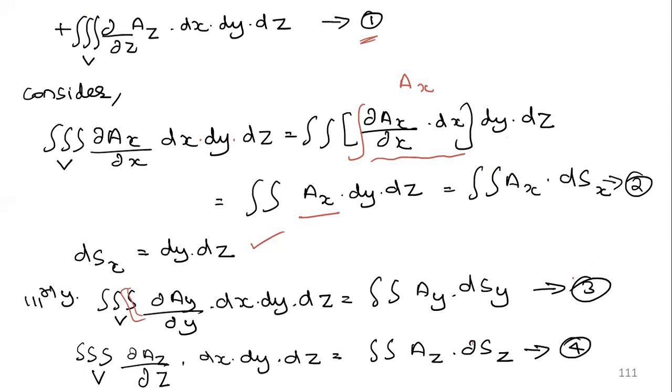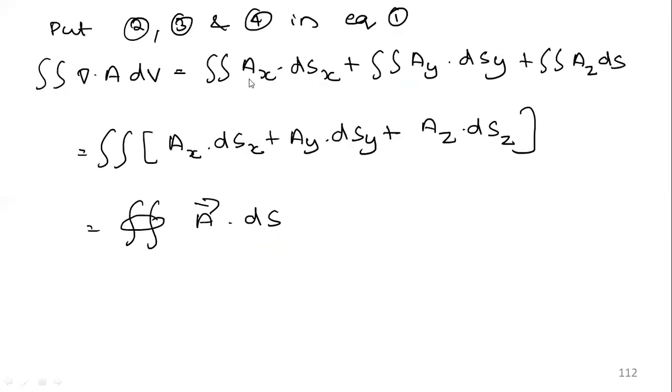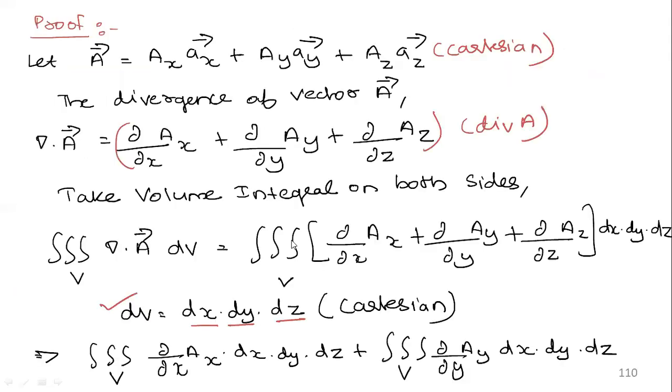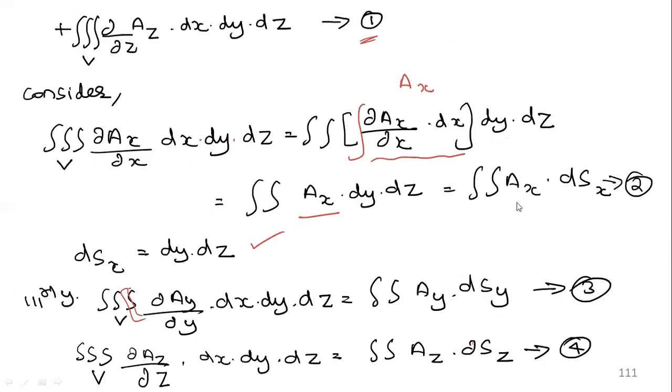Now we substitute equations number 2, 3 and 4 into equation number 1. Opening up the integration in equation number 1, the dou by dou x of ax into dx dy dz gives the double integral of ax dot dsx.